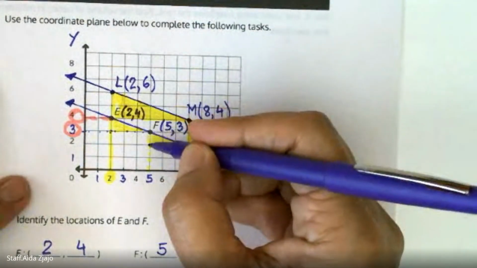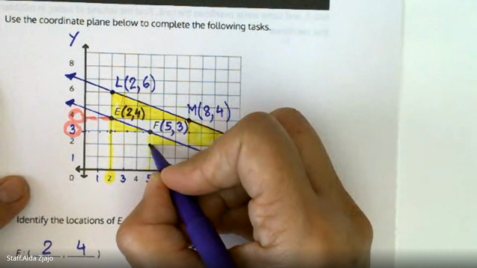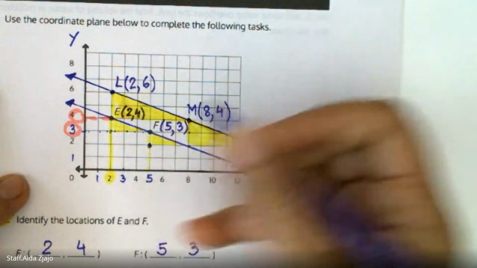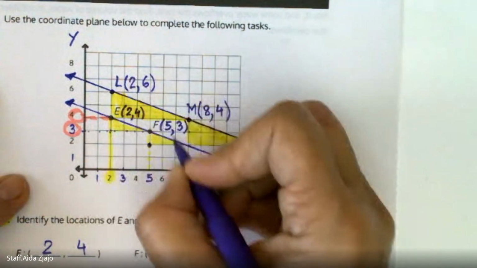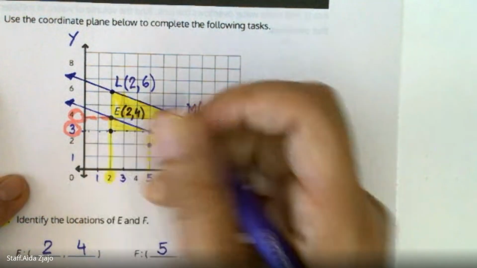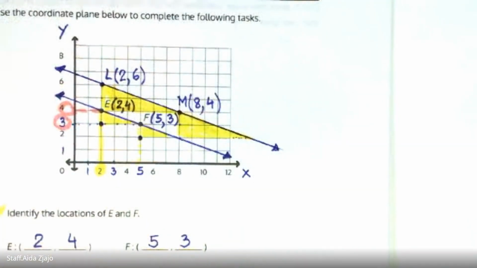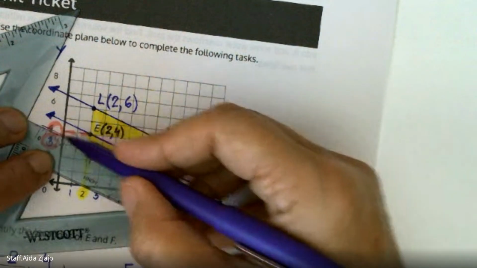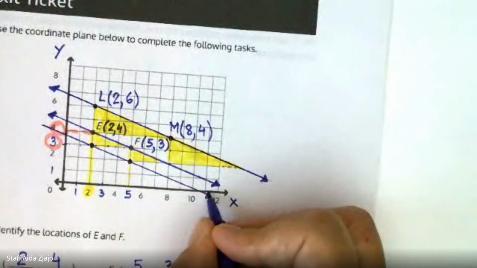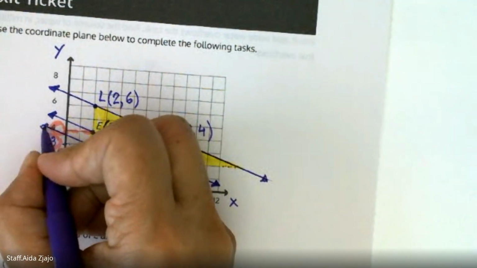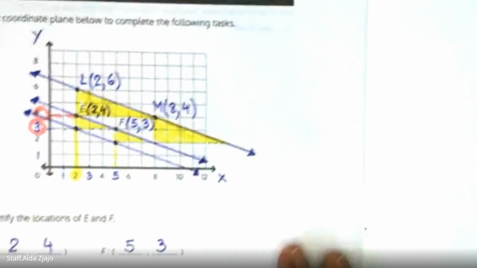If you use these ones, so this point here, and then this point right here, you have these, and that could be a parallel line that is parallel to EF. There's another parallel, just to give you another way of seeing it.